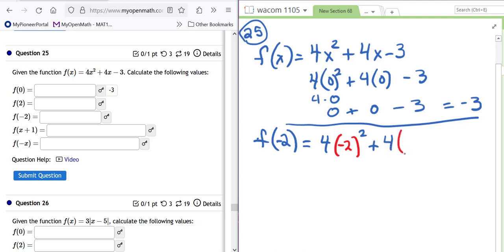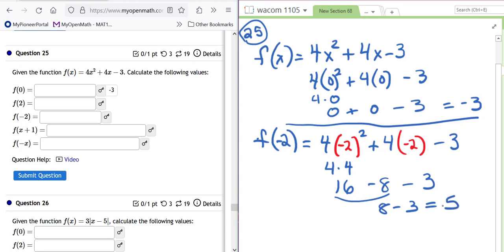And then here I'm going to go times negative 2 minus 3. So you're just substituting, but keep everything else. You do have to watch order on this one. The negative is going to go to the power. So this is negative 2 times negative 2, which is a 4. And then you're able to go across. Your multiplications go before add or subtract. So this is a 16 minus 8 minus 3, which is 8 minus 3. We should get a 5.